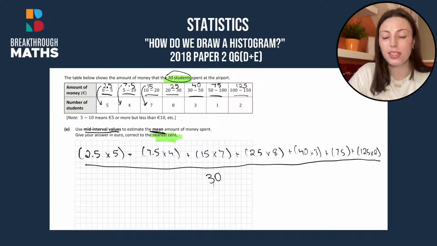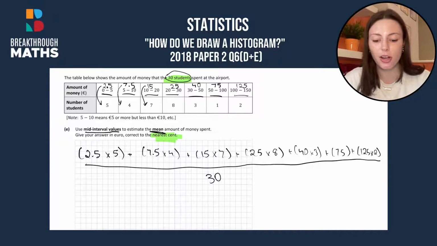So what we do is we start multiplying those out. So we've brackets open, 2.5 by 5, close brackets, plus 7.5 by 4, again in brackets. We add on 15 by 7, then we have 25 by 8, we have 40 by 3, we have plus 75 because it's just 75 by 1, and then finally plus 125 by 2.